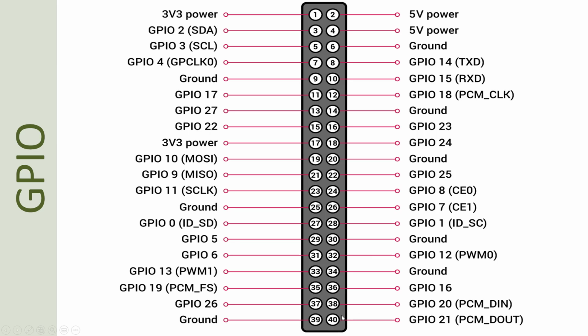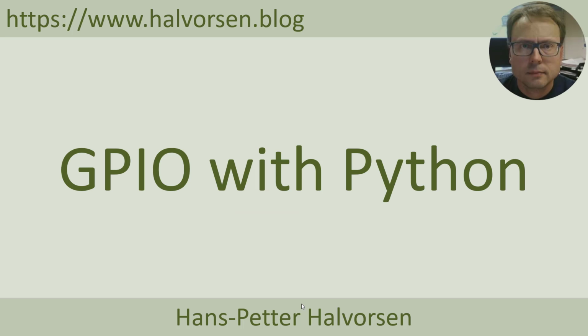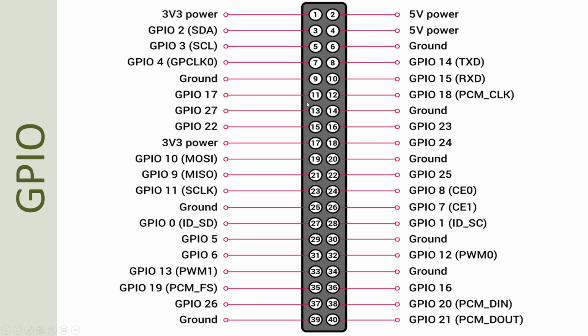Basically we can connect lots of external components like LEDs, motors, push buttons, whatever, using these pins on the Raspberry Pi device.